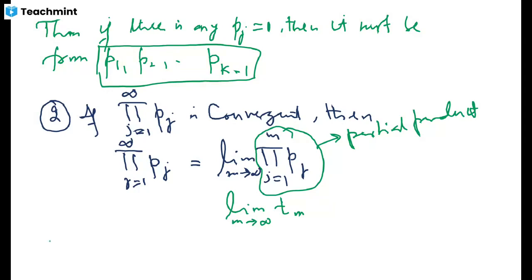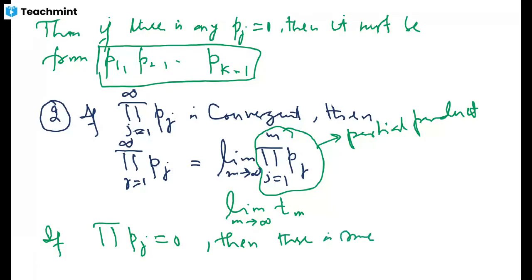Let me first note that if at least some Pj is 0, then there is some k greater than 0 such that Pk is equal to 0.